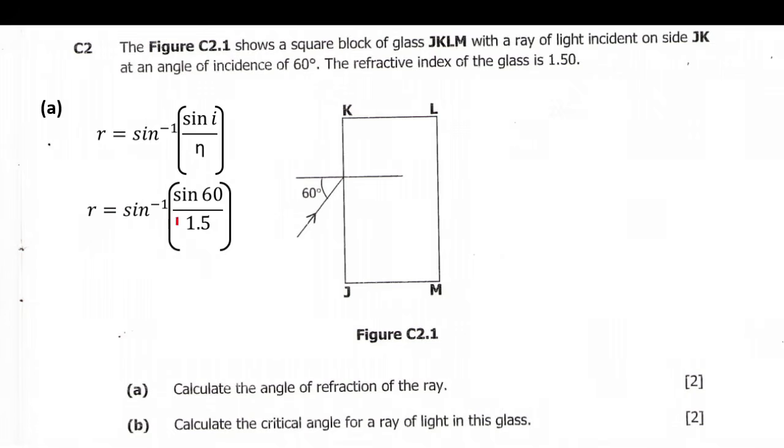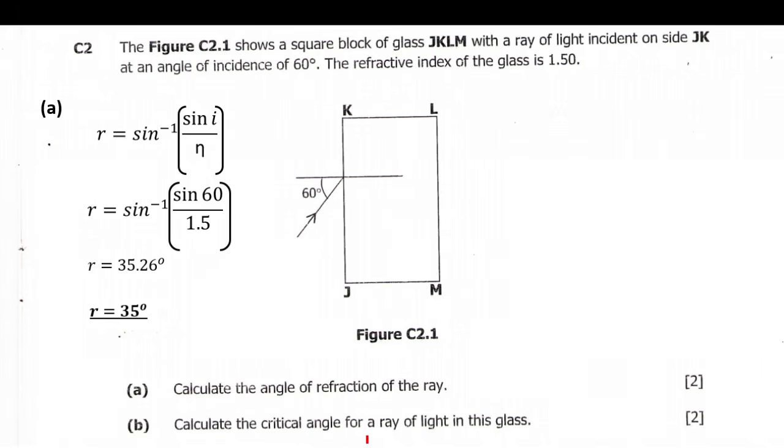When we evaluate, we get the angle of refraction as 35.26 degrees. Then we round it off to a whole number. Since the digit after is less than 5, the value will remain the same. So our answer is angle of refraction is equal to 35 degrees.